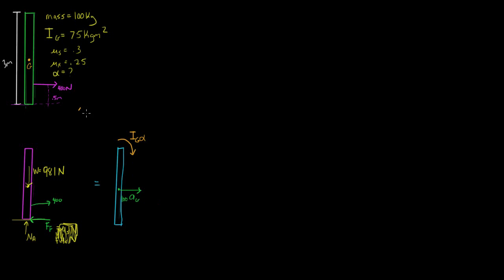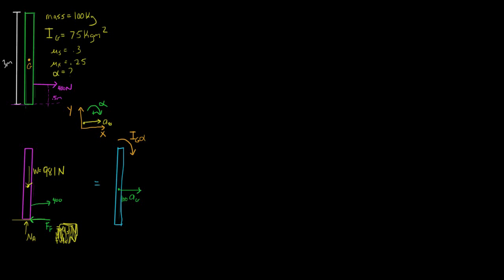So for convenience, for our coordinate system, x is going to be this way, y is going to be this way. Our acceleration of our center of mass is going to be in our positive direction of x, and our positive direction for acceleration is going to also be clockwise.